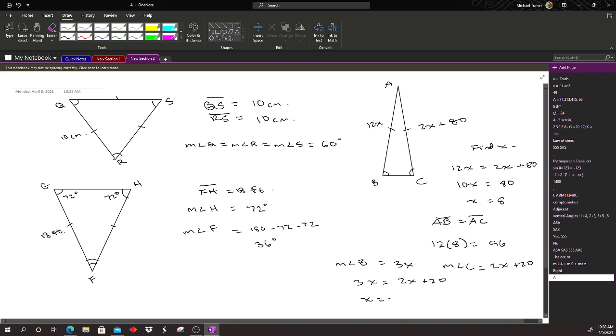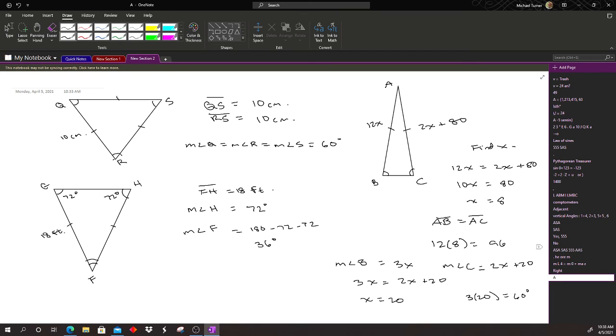Subtract 2x, you would get x equals 20. And if I ask you for one of the angle measurements, then plug it in. 3 times 20 gives you 60 degrees. So some questions will involve integers, some questions will involve algebra, but the setup is the same. Equilateral triangles, all the sides are the same, all the angles are the same. In isosceles triangles, two sides are the same and two angles are the same, but specifically the angles have to be opposite the two sides that are congruent.